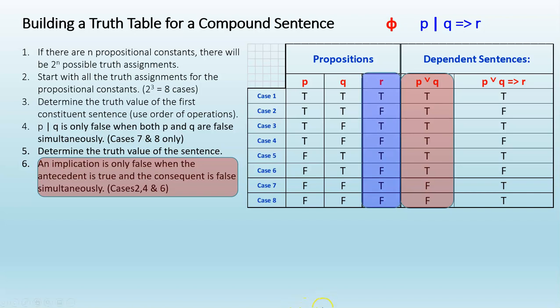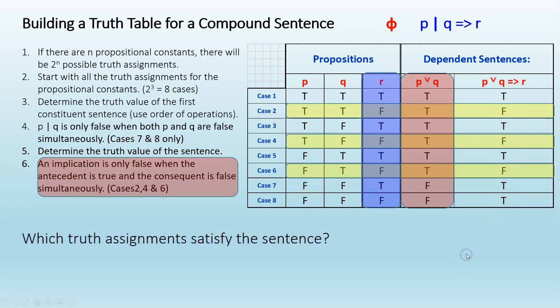So we're looking for cases where the antecedent is true, but the consequent is false. I see a case here, that means the sentence will be false. I see another case here, also the sentence will be false. And I see another case here. Those are the only 3 cases where the antecedent is true and the consequent is false. Every other case will be true for the sentence.